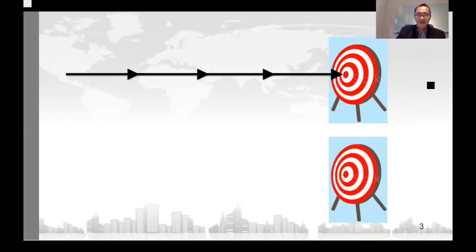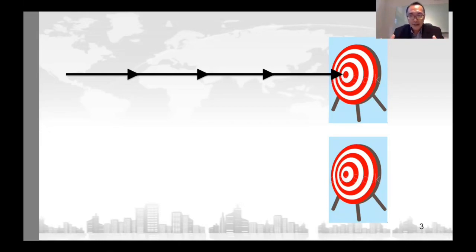So now what's going to happen is, unfortunately, I don't have a good picture for a moving target. So what you see here is a target, but in actual fact, sometimes we don't even know what the goal is. Or we may know a general direction of the goal, but not the specific goal.